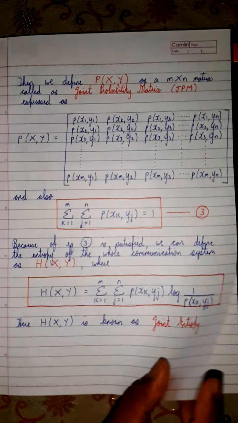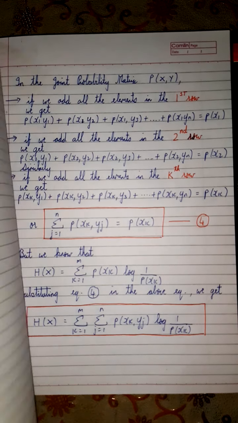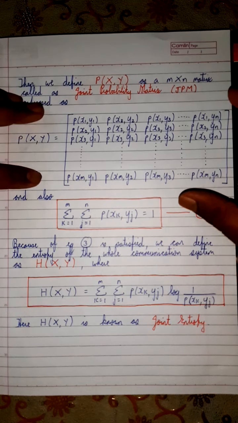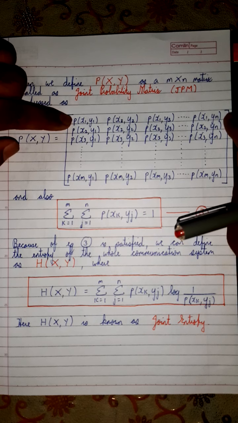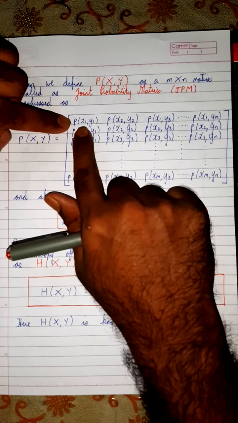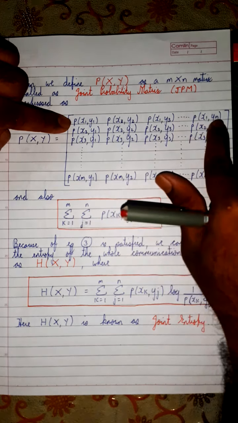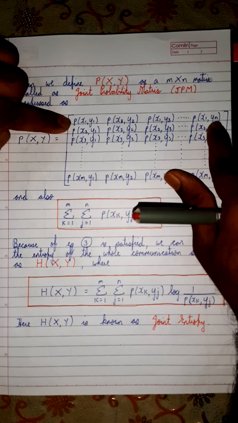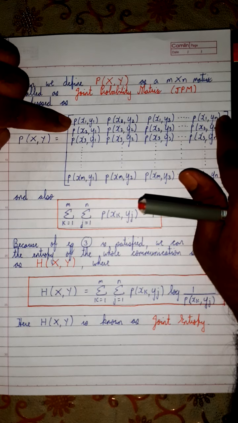Now, from this joint probability matrix, there are some properties that you can easily understand. The beautiful thing about this matrix is that if you look at only the first row: P of x1,y1, P of x1,y2, P of x1,y3 up to P of x1,yn.